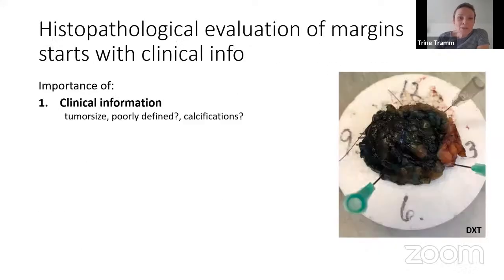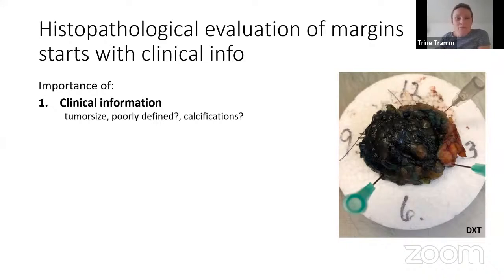So a good histopathological evaluation of margins starts with clinical info. And it's very important for me as a pathologist to have information on tumor size. Is it poorly defined, and are there calcifications in the surroundings? In my institution, I'm very lucky because every morning we have a multidisciplinary conference where the radiologist shows me the imaging and explains to me what I'm supposed to look for.